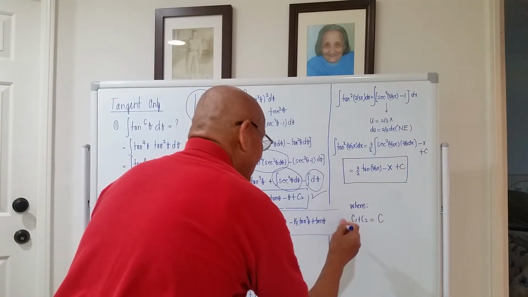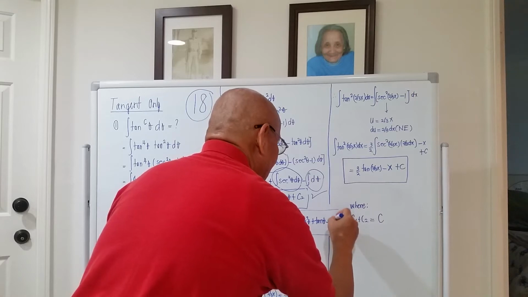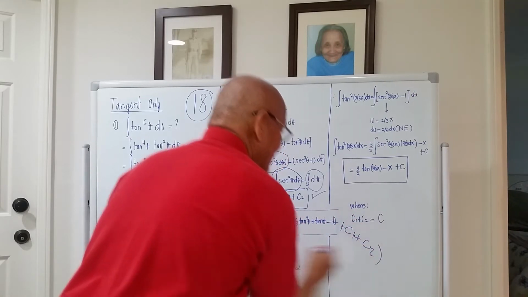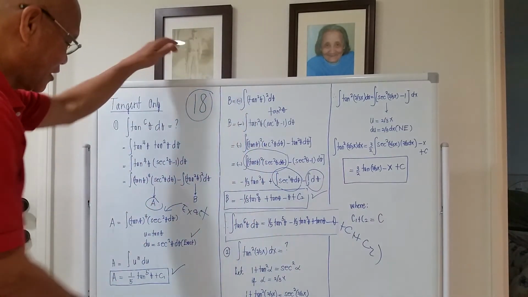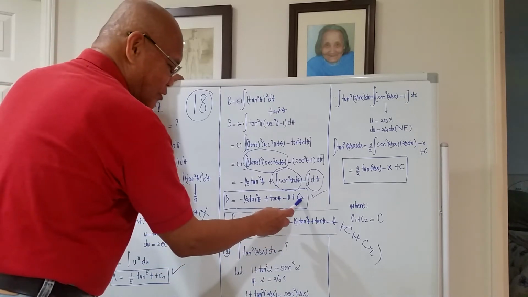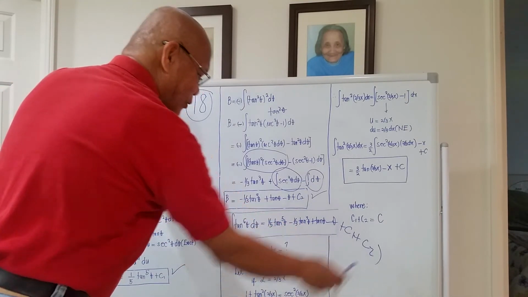Sorry for that one. This is minus theta plus C1 plus C2. Because there is a C1 here, right? We must include that one. And there is a C2 here. We must include that one.